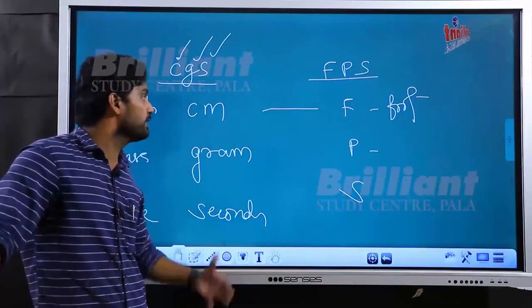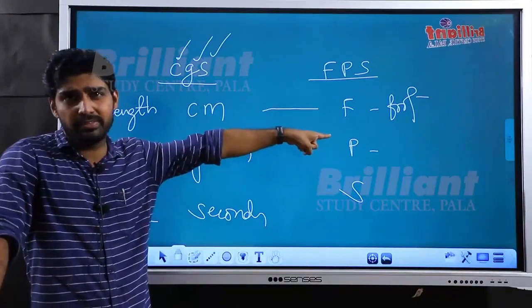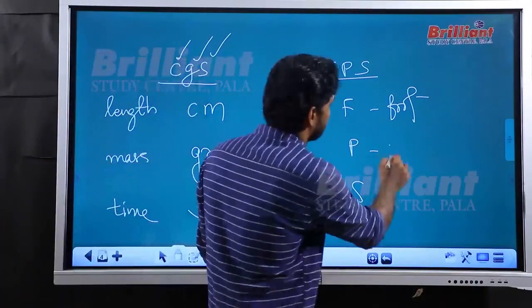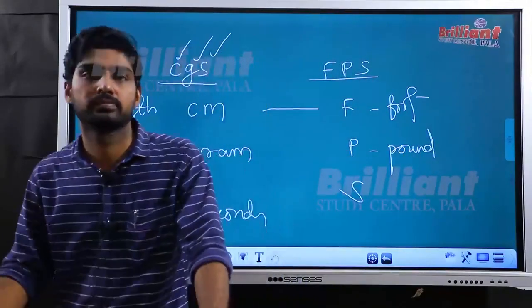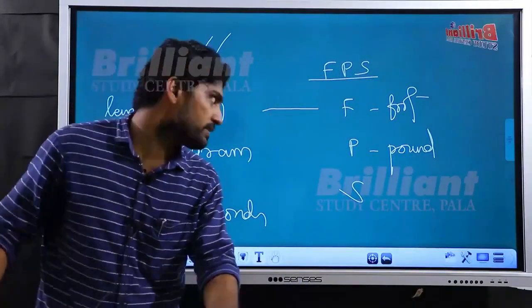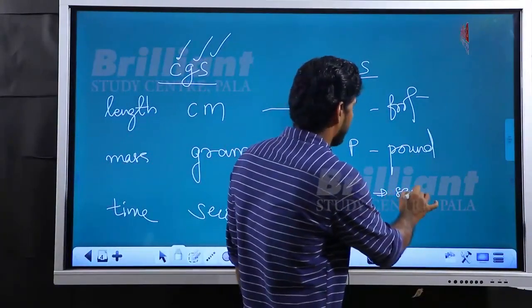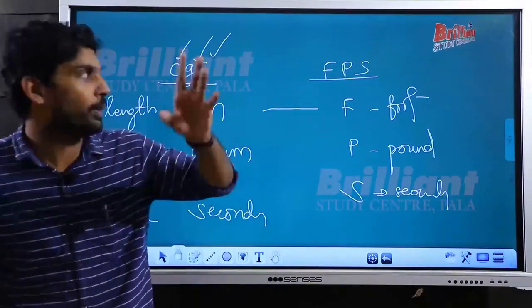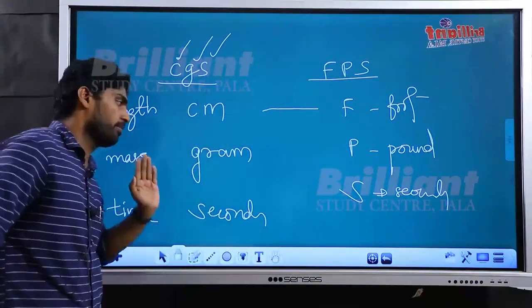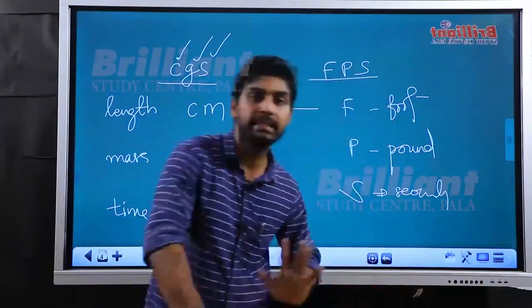It is still used. Now, what does P stand for, the unit of mass in the FPS system? It is pound, yes. The unit of mass is pound, and the unit of time is seconds itself. So in the CGS system, we have centimeters, gram and seconds as the units. In the FPS system, we have foot, pound and again seconds.